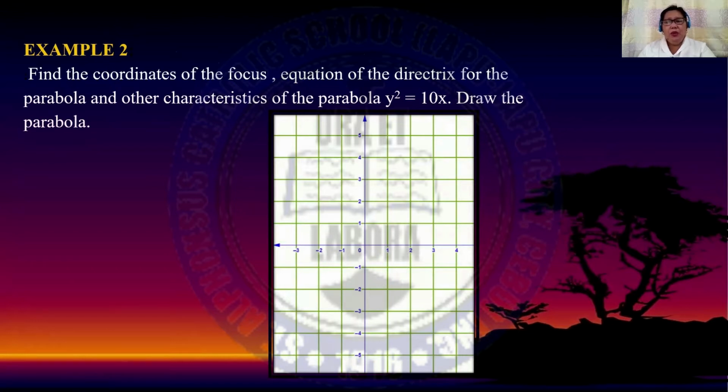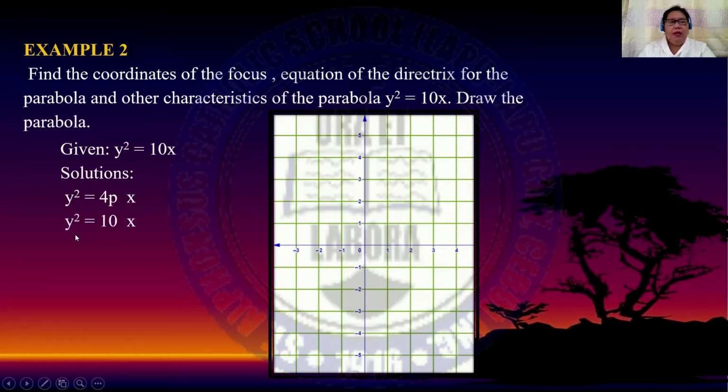Given y squared is equal to 10x. And then you have to draw the parabola. For the solutions, again, you have to copy the standard form, which will start with y squared is equal to 4px. And copy the given, y squared is equal to 10x.